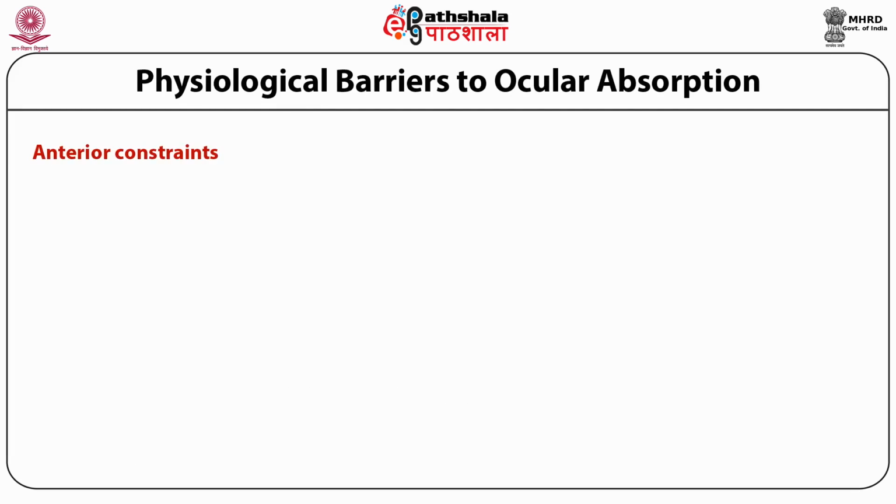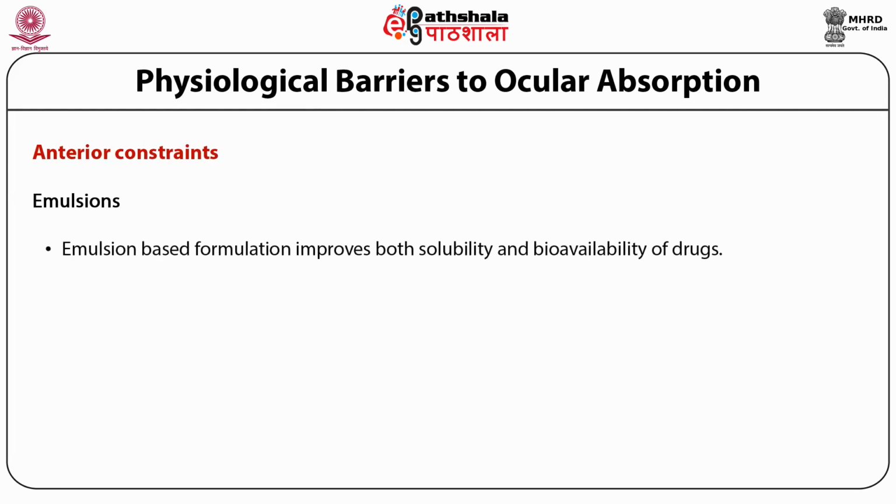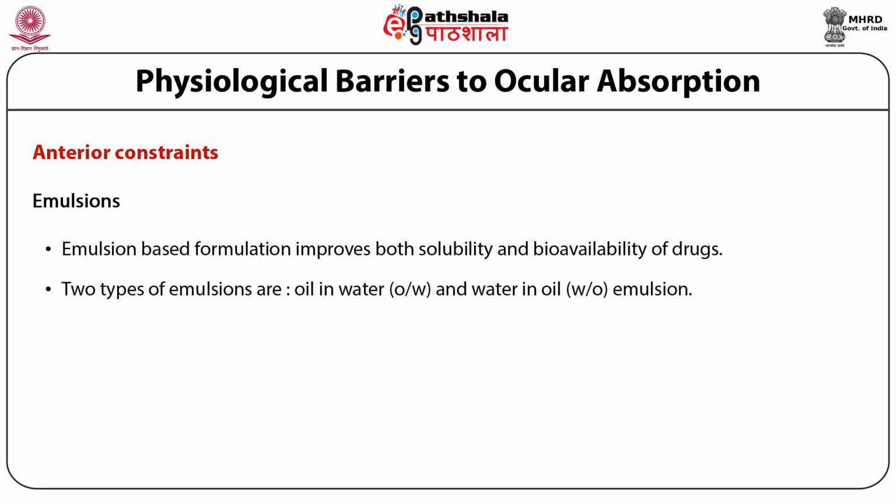Then we have the next conventional dosage forms, primarily referred to as the emulsions. The emulsion-based formulation improves both solubility and bioavailability of the drugs. The two types of emulsions are oil in water, O/W, and water in oil, that is W/O emulsions.